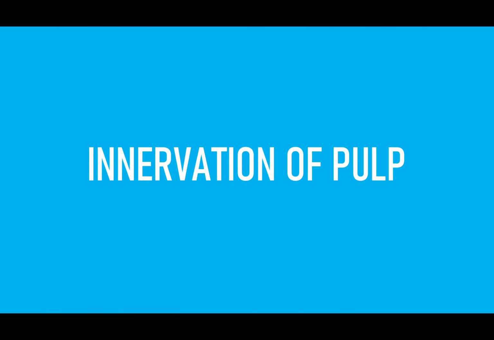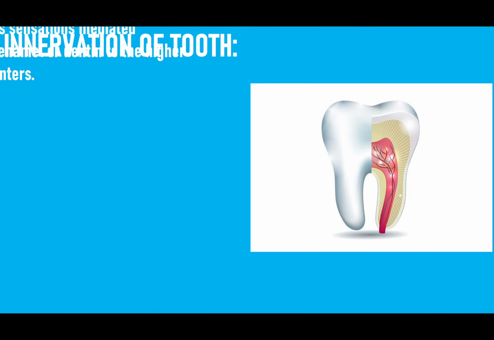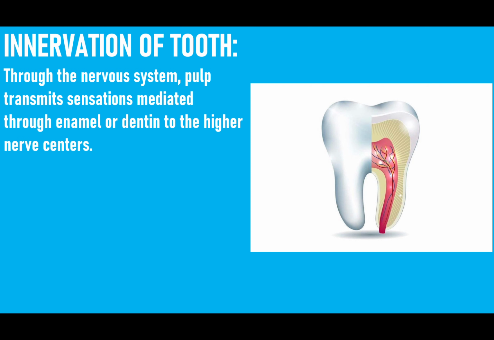Number third function of pulp is innervation of tooth. Through the nervous system, pulp transmits the sensation mediated through enamel or dentine, and that's the reason we say that pulp performs the function of innervation of the tooth, because all the sensations mediated through enamel or dentine come to pulp and then to the higher nerve centers.